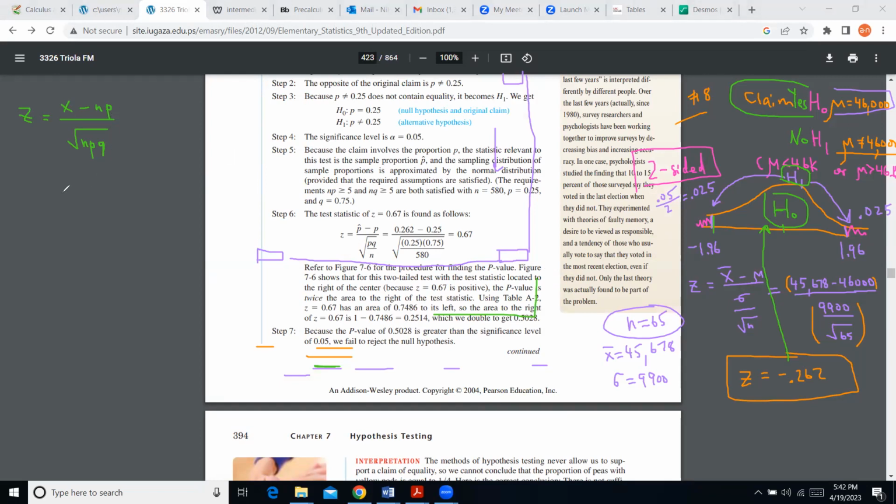And look at what's going to happen if you divide each term here by n. Definitely np will be just a p, then x over n will be the proportion of that sample. And if I divide the denominator by n, then n will be inside the square root on the bottom, just like that.